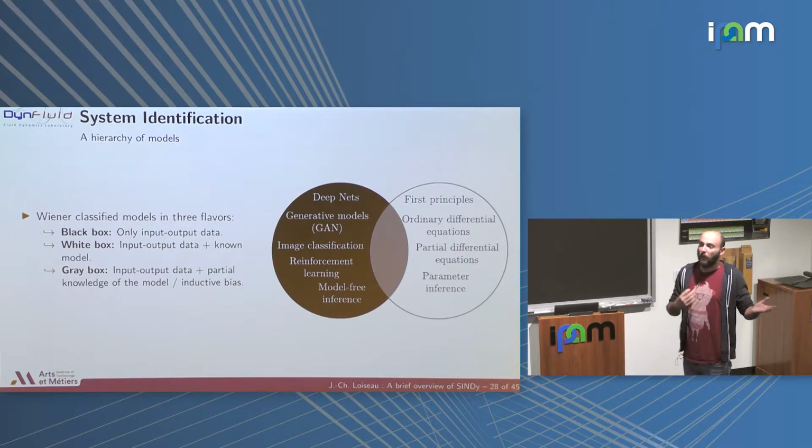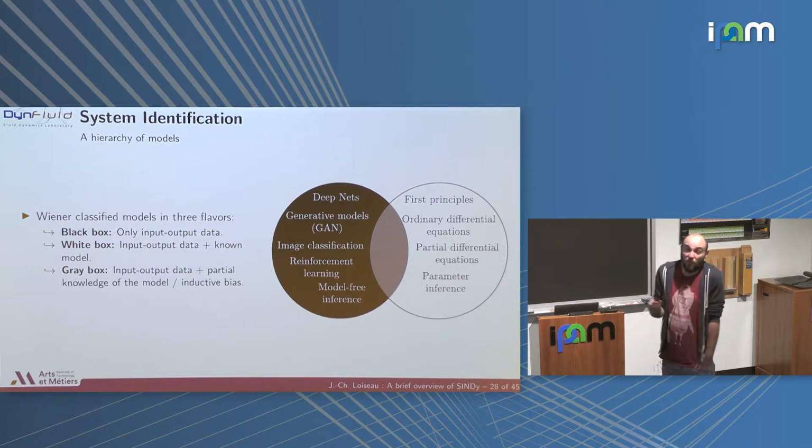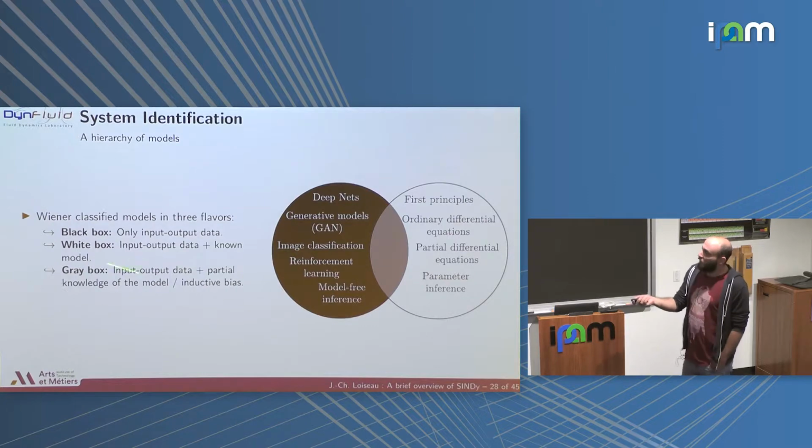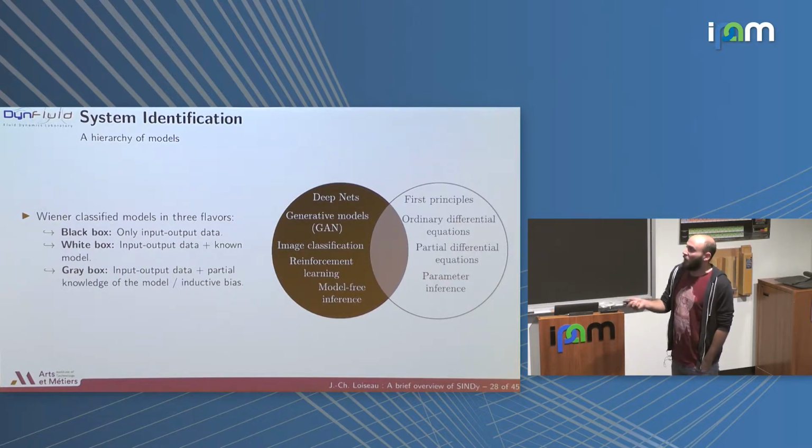You have input voltage and intensity, and you try to fit the relation between the two. That's really a white box model: you know the model, you just try to infer the parameters. And then we have this gray box region, where you have input-output data, but you also may have partial knowledge of what the system could be, what the structure could be, or various inductive biases.